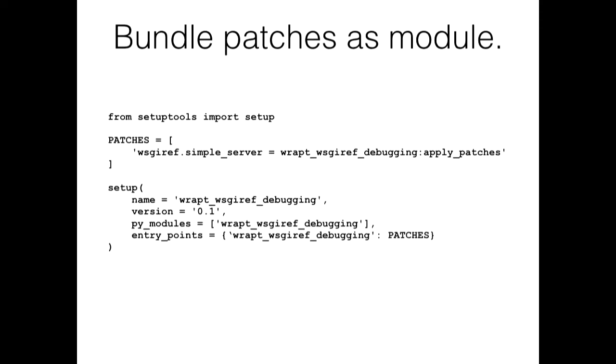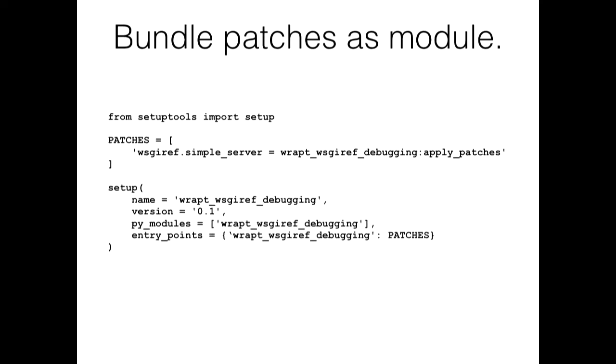And the key thing here is I'm using a feature called entry points, which is part of setuptools. I'm just defining a declaration here. It says that I've defined an entry point called wrapt whiskey ref debugging, and I've given it this dictionary up here. In this case, I want to patch a module called wsgiref.simple_server, and I want this function to be called when that module is imported.